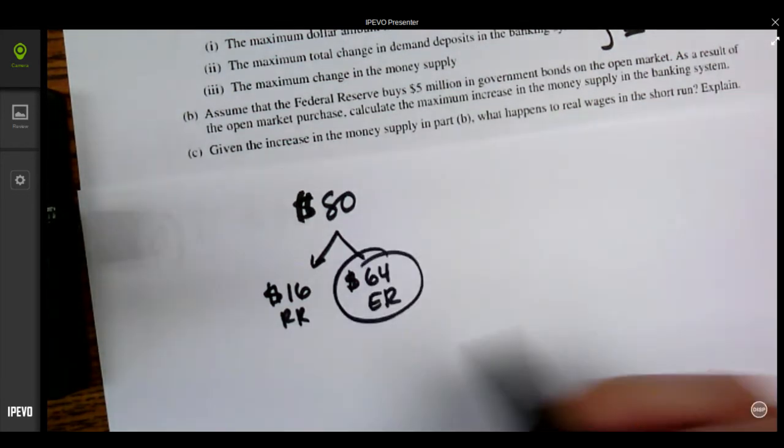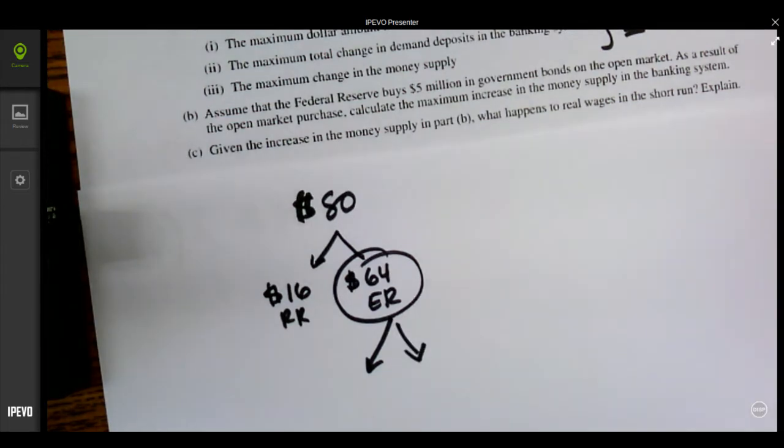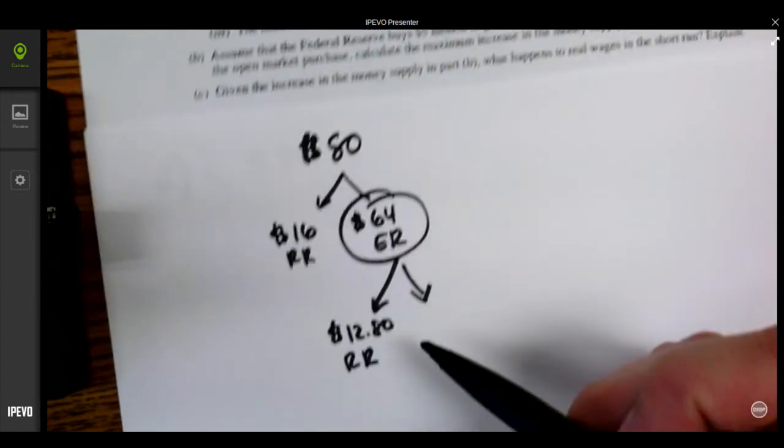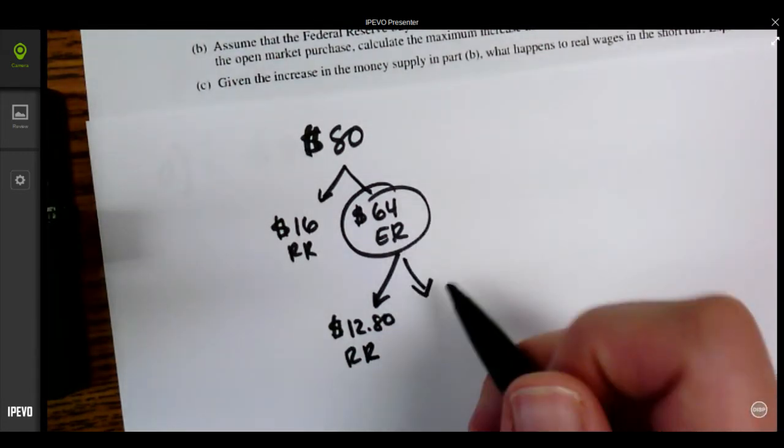From that $64, that money is going to get spent. It is going to get redeposited into a bank. $12.80 is going to be left in a bank's vault, and therefore this bank is going to have money to loan out. Let me have your permission to round, because I don't really want to subtract $12.80 from 64, so let me just do 13.